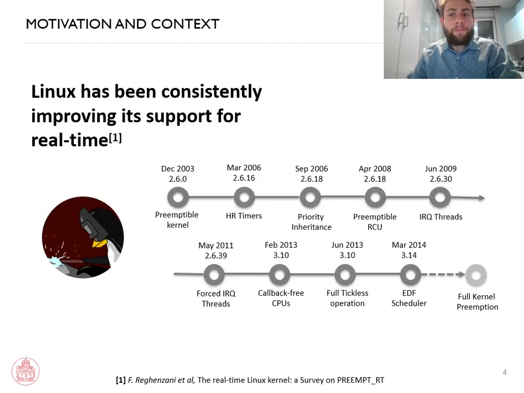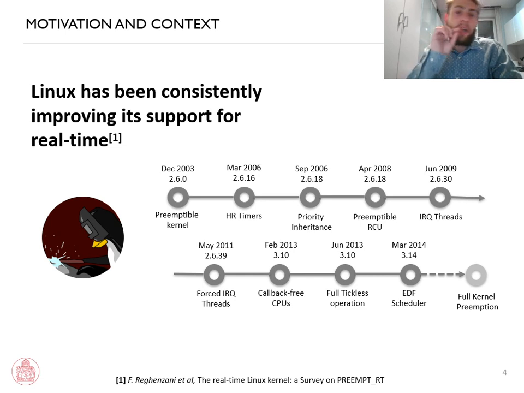During the years, Linux has been improving its support for real time. In this slide, I have reported a timeline that shows, let's say, the most critical patches that have been made to the kernel to extend the support to real-time computing.